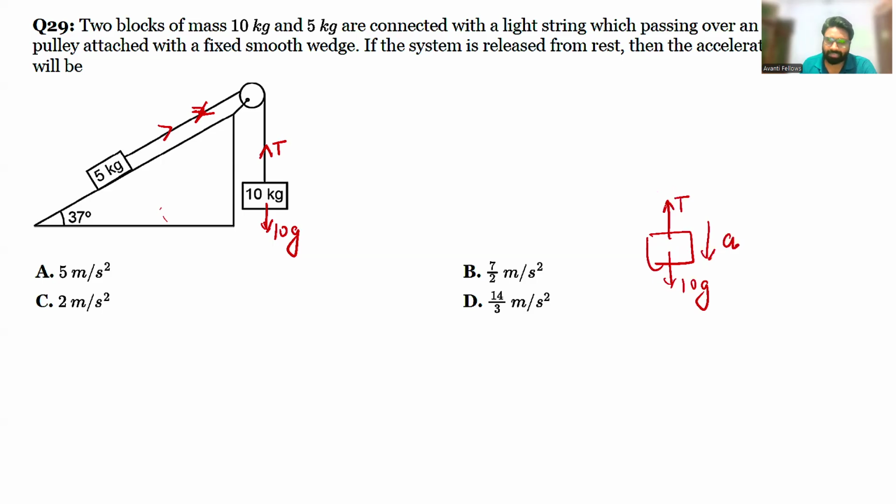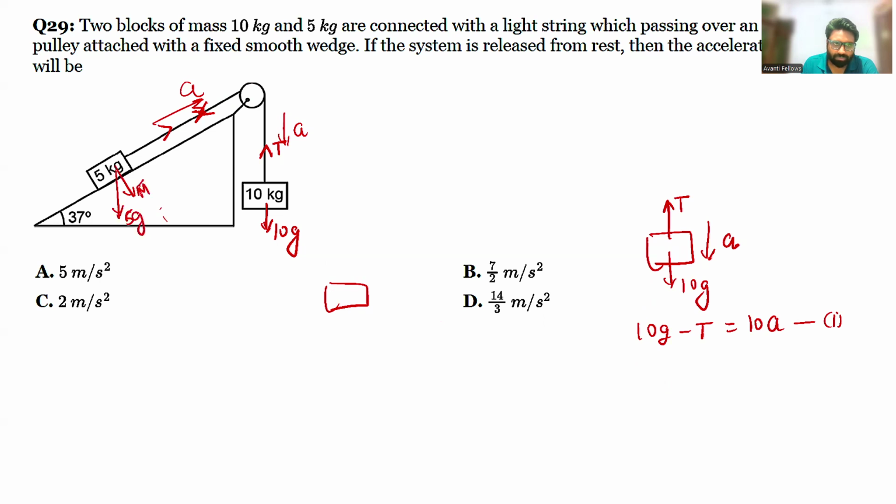So if I apply Newton's second law here, it will be 10g minus T equals mass of the block, which is 10, into acceleration A. Because this pulley is smooth, the acceleration of the other block is also A. Now if I draw the FBD for the other block, which is 5 kg, the weight is acting downward, which is 5g.